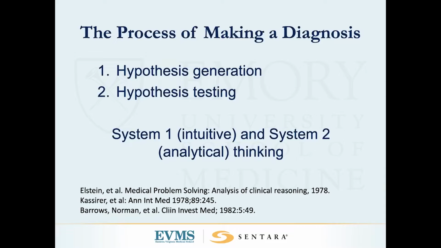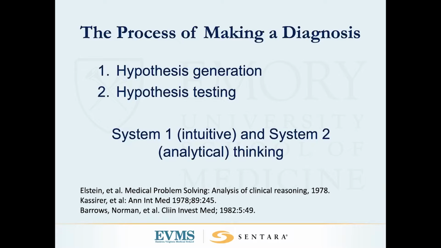About 3 decades ago, 3 groups working independently, Dr. Elstein, Jerry Kassirer at Tufts. Elstein was at Michigan State. Jerry Kassirer was, you may remember, the editor of the New England Journal for years, and he was at Tufts.